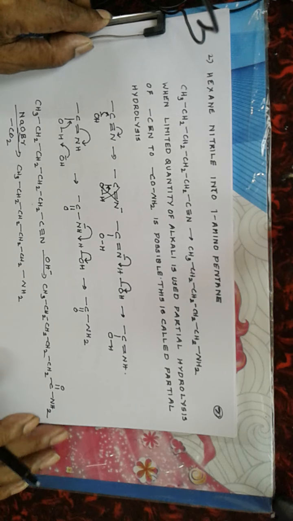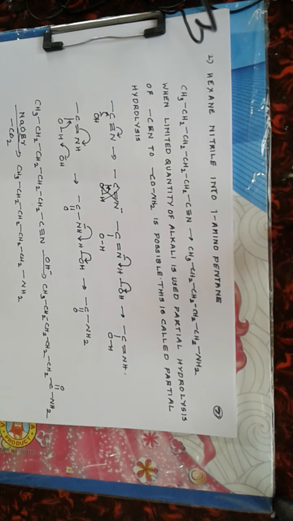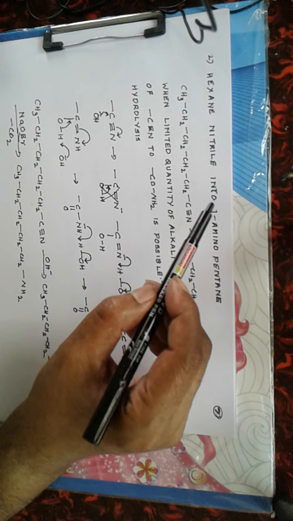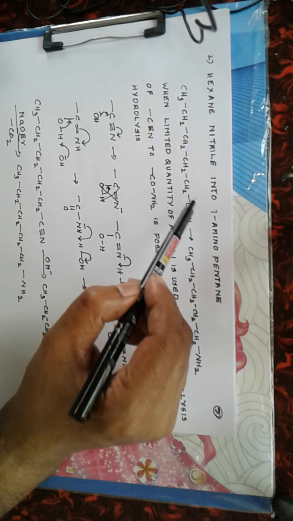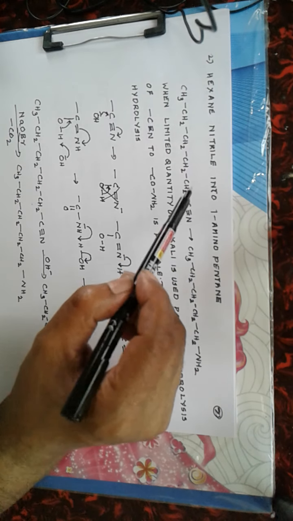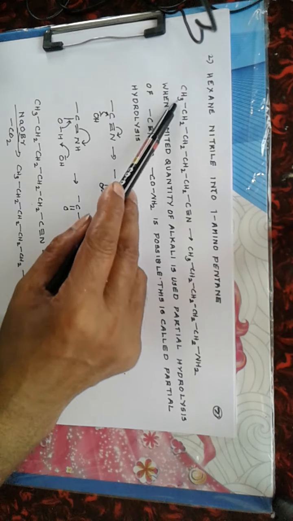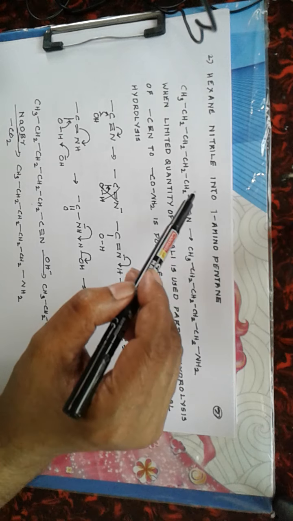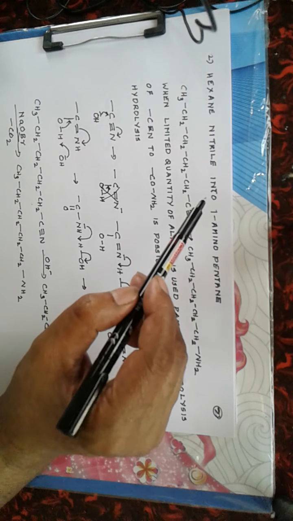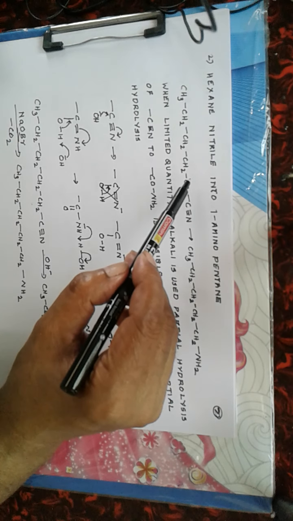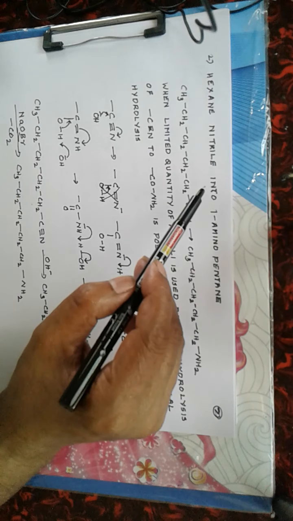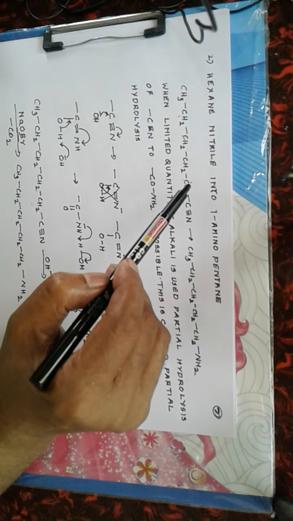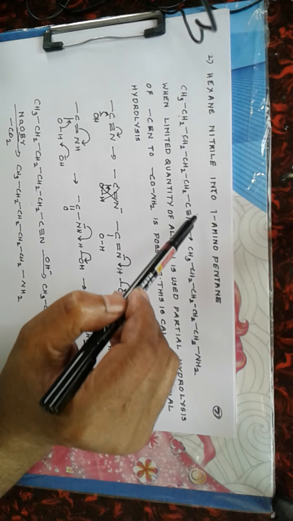Then hexanenitrile into 1-aminopentane. When we say hexanenitrile, the total number of carbon atoms in the molecule should be 6. So 1, 2, 3, 4, 5, 6. That is hexanenitrile. But this may also be called 1, 2, 3, 4, 5 cyanide.